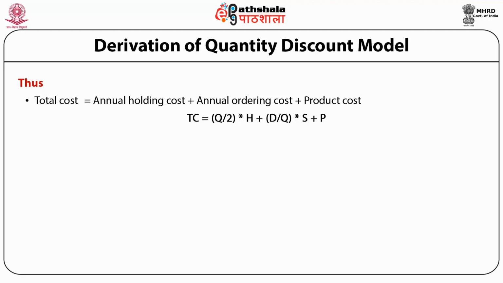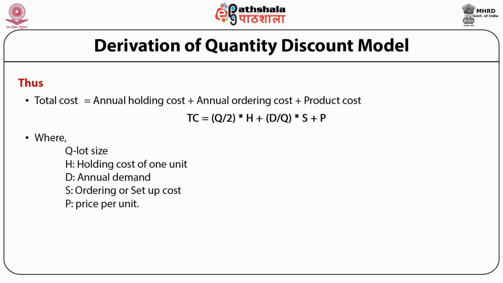That is, TC equals Q upon 2 into H plus D upon Q into S plus PD, where Q is lot size, H holding cost of 1 unit, D annual demand, S ordering or setup cost, P price per unit.